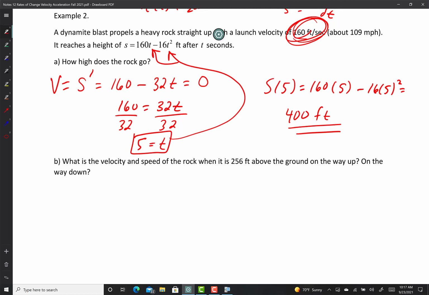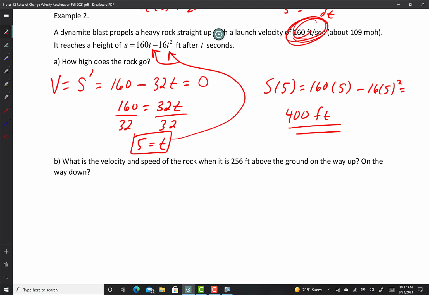No, it depends on what they're asking. They're asking for how high it went. So what do I know? I know that whenever this rock reaches its highest point, the velocity is 0. So because I need the velocity, I took the derivative. You know what I mean? Yes. So if you want to find acceleration, you need the derivative of velocity, of the expression.